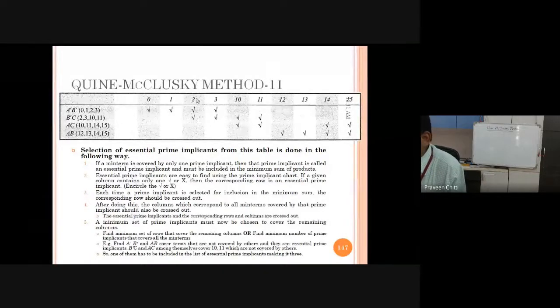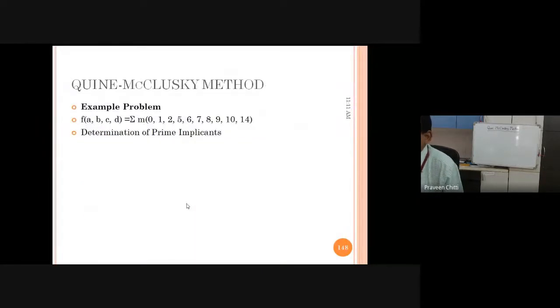The chart shown here in the table in this slide is called the prime implicant chart, and it is used to select only the essential ones. So in the first step, we determine the prime implicants using one tabular column, and in the second step, we use this prime implicant chart to determine the essential prime implicants, and we can get the simplified expression. So I'll go to it directly.